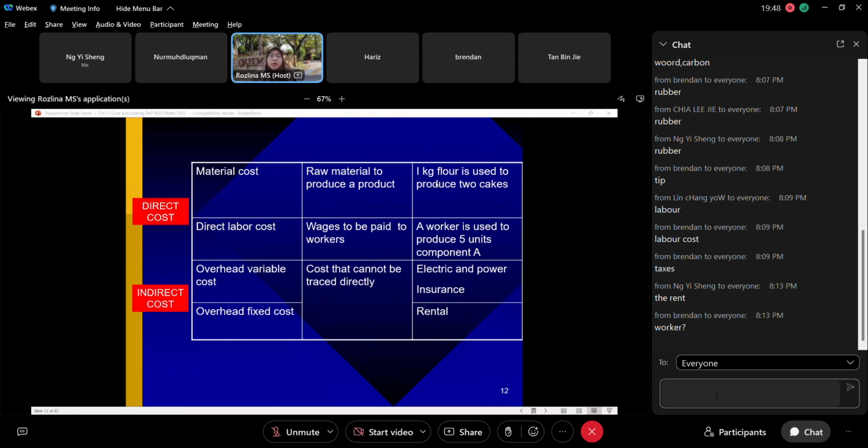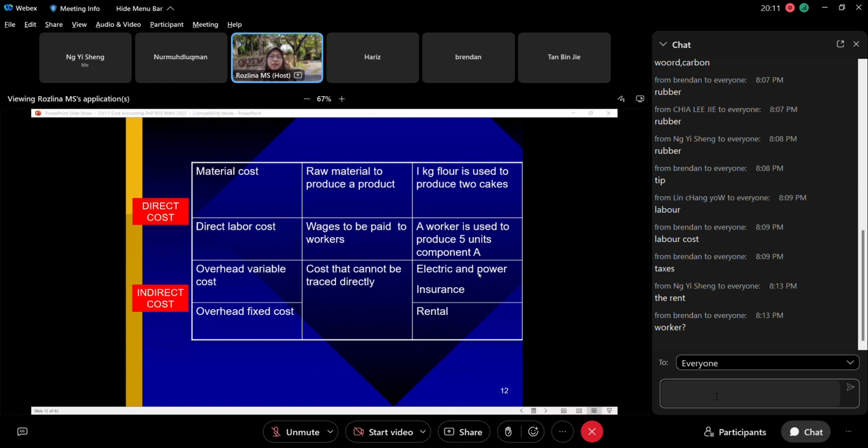Material cost. 1 kilogram of flour is used to produce 2 cakes. So you can see the material cost for cakes is flour, and direct labor cost. To produce 5 units of component A, you need a worker. Indirect cost is like variable cost and also fixed cost. Okay, what is variable cost?